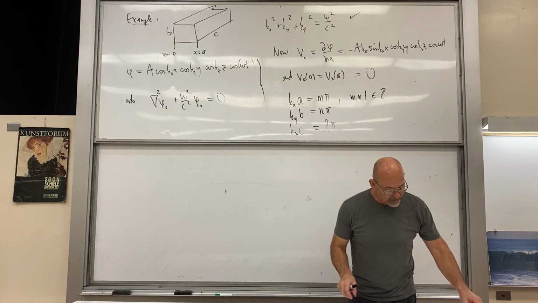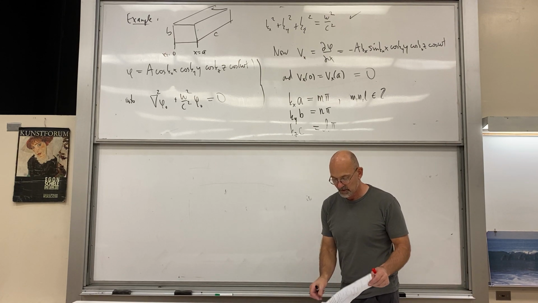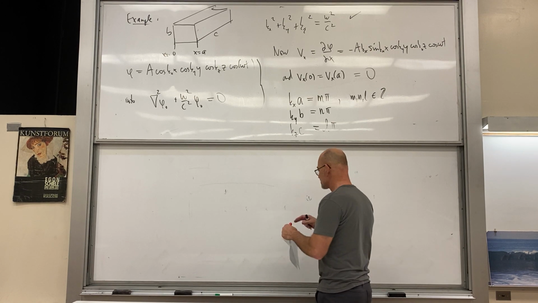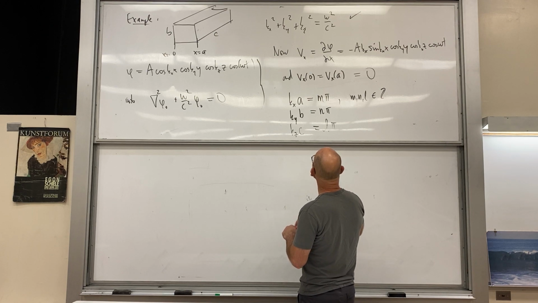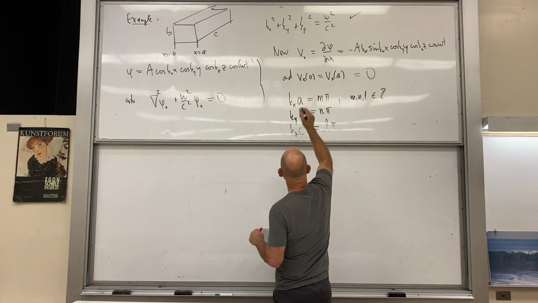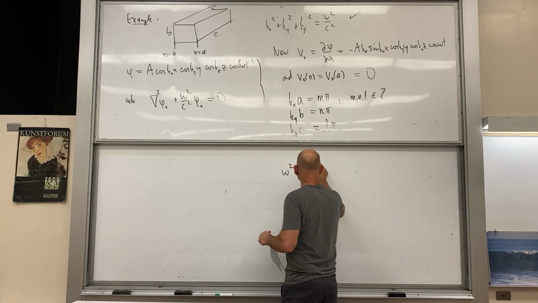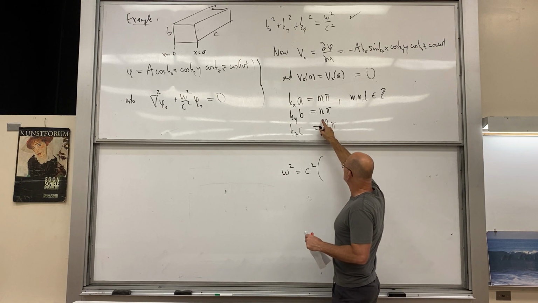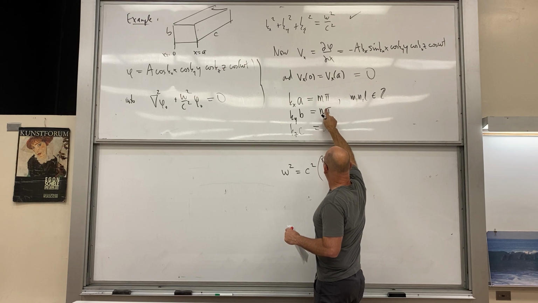Okay, what else are we going to say about this? Got these 3. And we'll just solve for omega squared now. So starting it back at the top there, we have omega squared is equal to c squared times, and our kx squared is going to be pi squared.